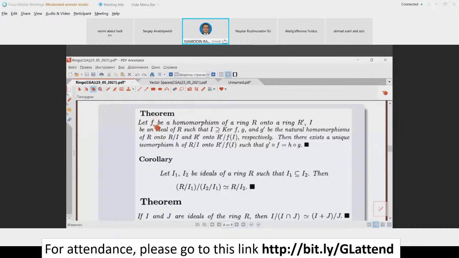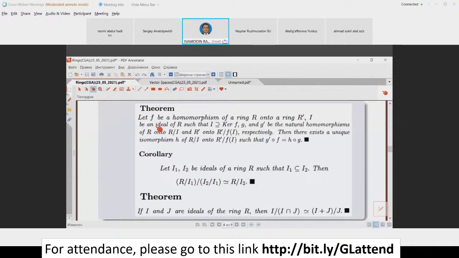Again, if F is a homomorphism of R onto R prime, and I is an ideal of R containing the kernel, and we have two such natural projections, G and G prime, natural homomorphisms. I'd like to comment.